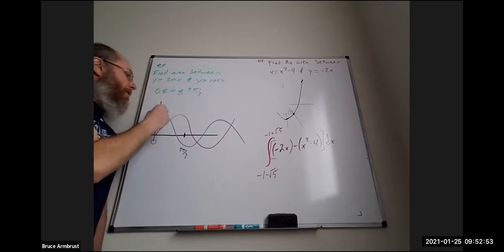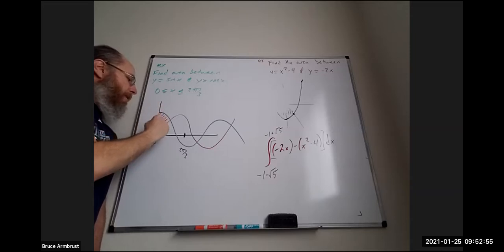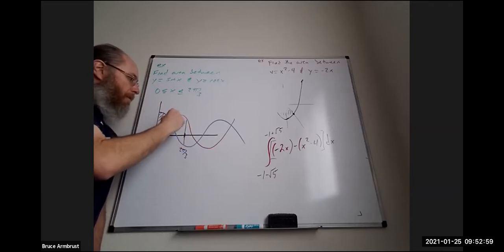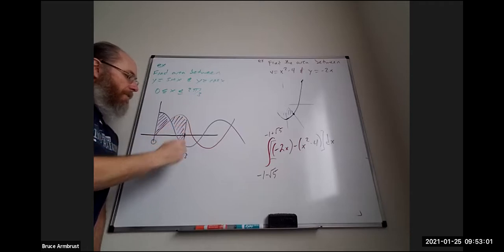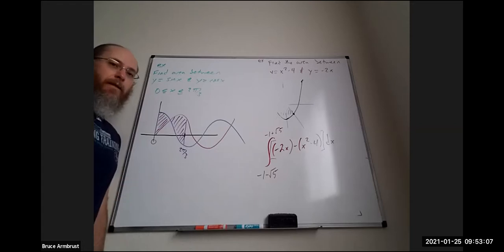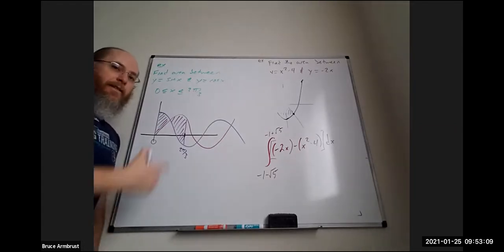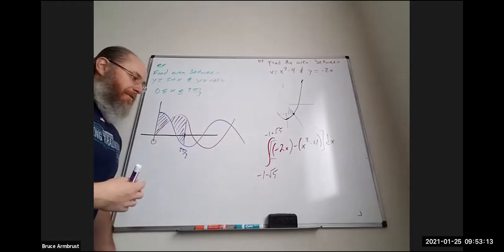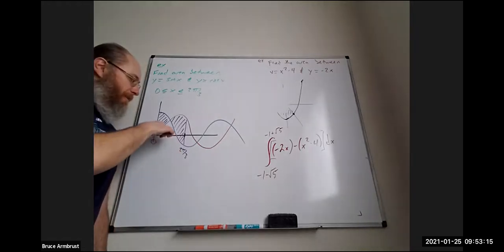So if we're trying to find the area between these things, we're looking for what I've just kind of hatched in purple. It almost looks like a pair of angel wings or something like that. Non-symmetrical angel wings. That would be me as an angel. I probably have all kinds of weird stuff going on.